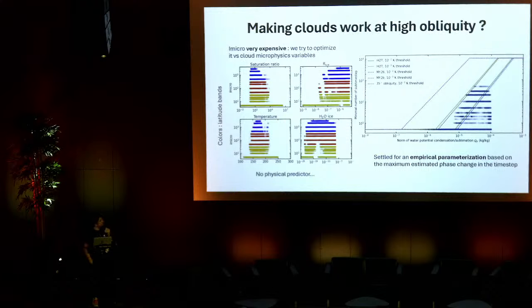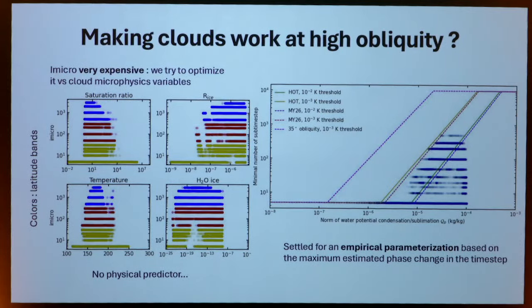And here is an illustration. I tried to find some physical parameterization of this microphysics subtime steps against general cloud microphysics variables like the size of the ice crystals and stuff, anything that I could get my hands on, but I didn't manage to find a physical parameterization.